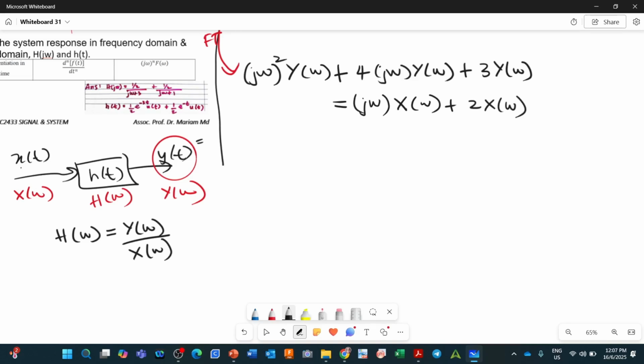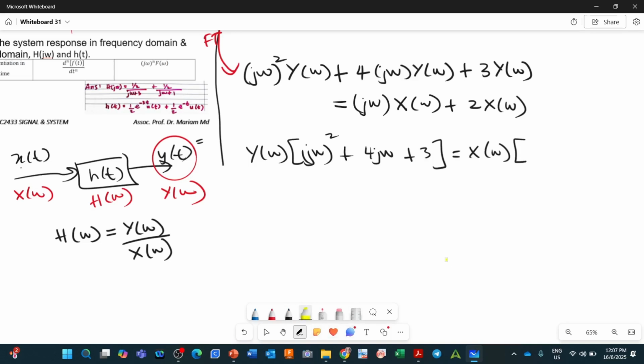So what we are going to do is factorize Y omega. Y omega times (J omega squared plus 4J omega plus 3) is equivalent to, take out X omega, J omega.